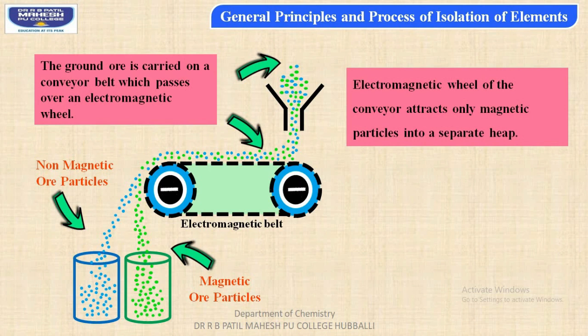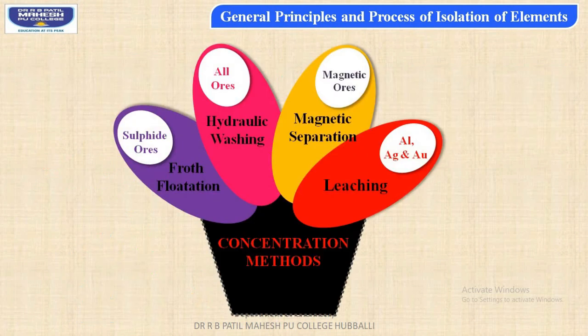In this way, students, the magnetic particles can be separated from the non-magnetic particles. Let us continue with the fourth method of concentration of ore, that is the leaching method, which is done for aluminium, silver and gold metals.